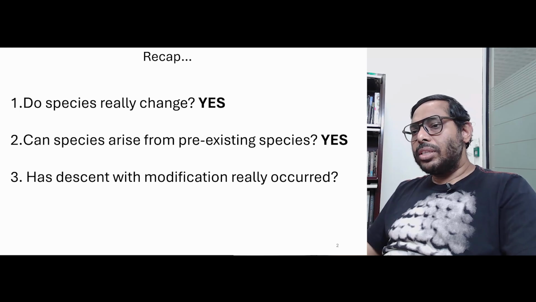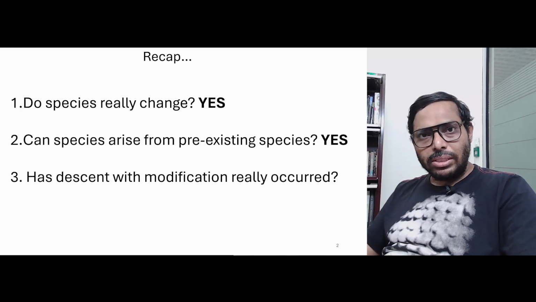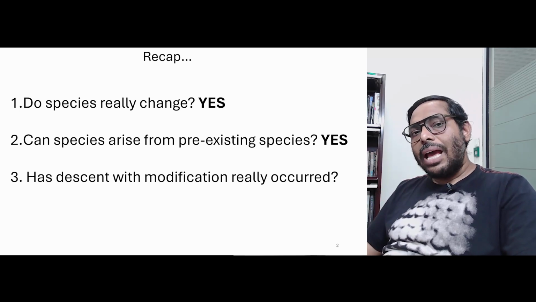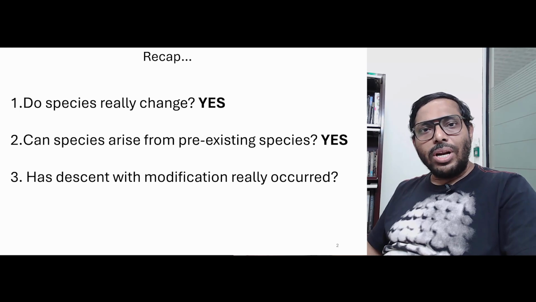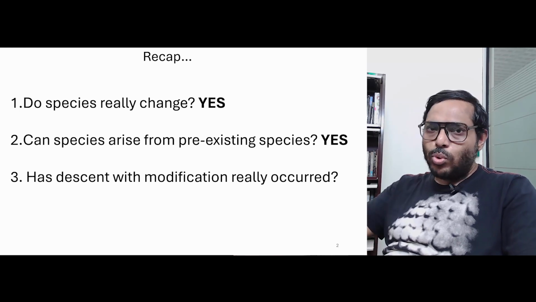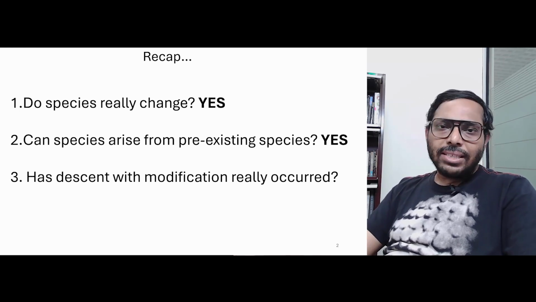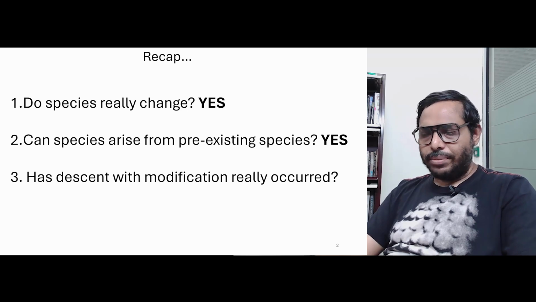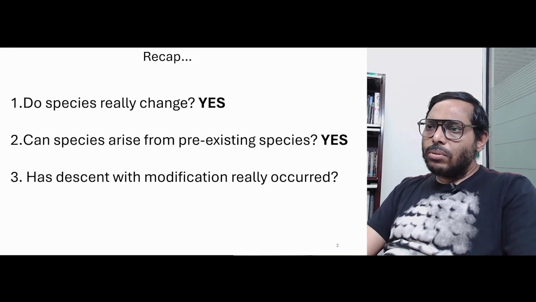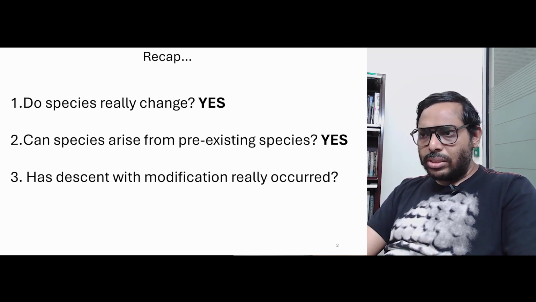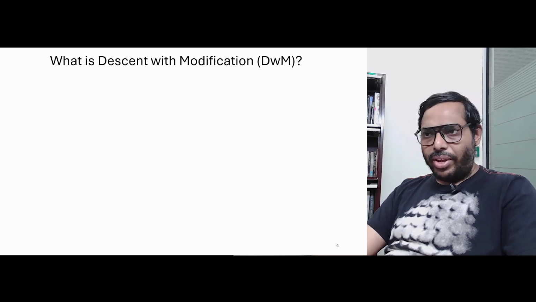And then the third question was that given all this, can we really say that all the biodiversity around us has actually arisen due to descent with modification, and that is what we are going to now consider. Before we get to this, the major question that we need to ask is, what exactly do we mean by the term descent with modification?